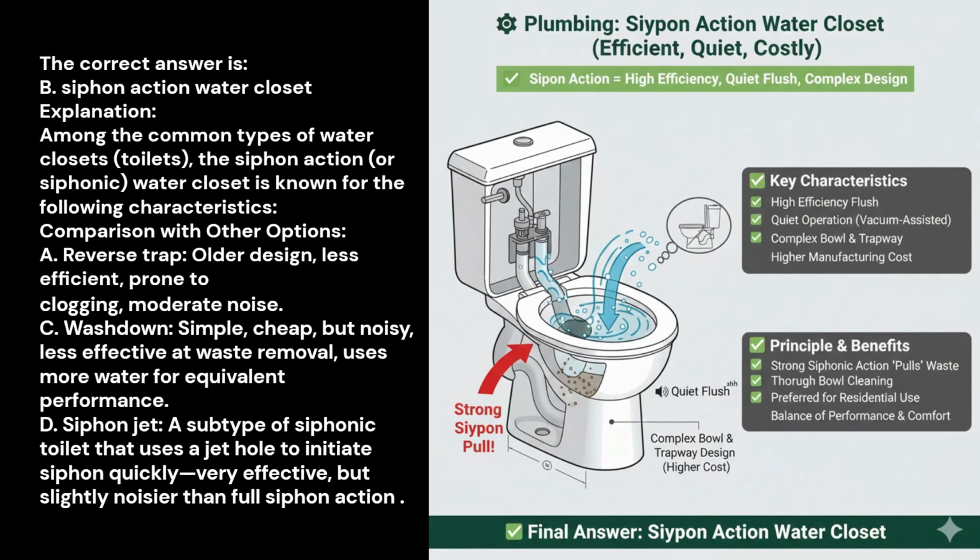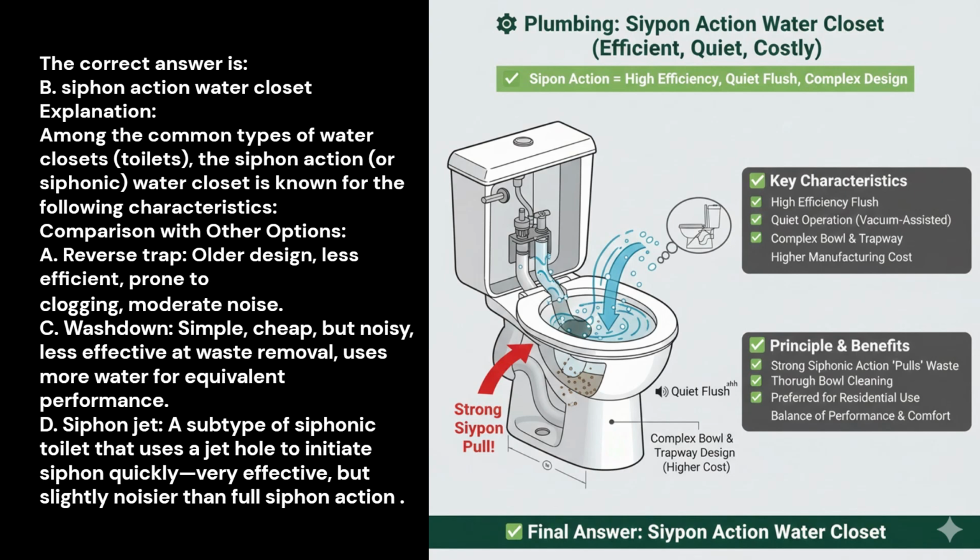Quietest. The siphonic flush is much quieter than the noisy, forceful washdown or blowout types because it relies on vacuum siphon, not direct high-velocity water surge. Water flows smoothly into the bowl, then the siphon evacuates contents without splashing or loud gurgling.